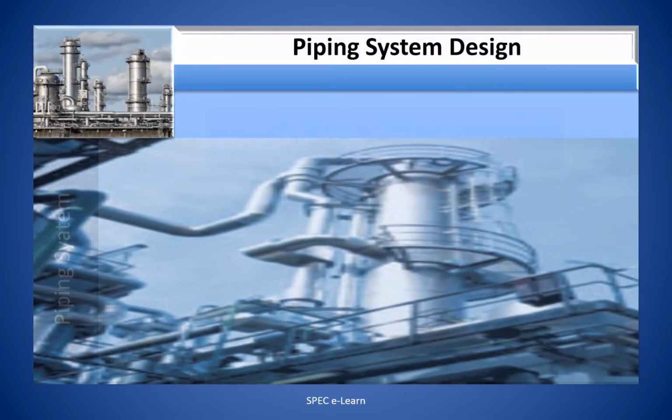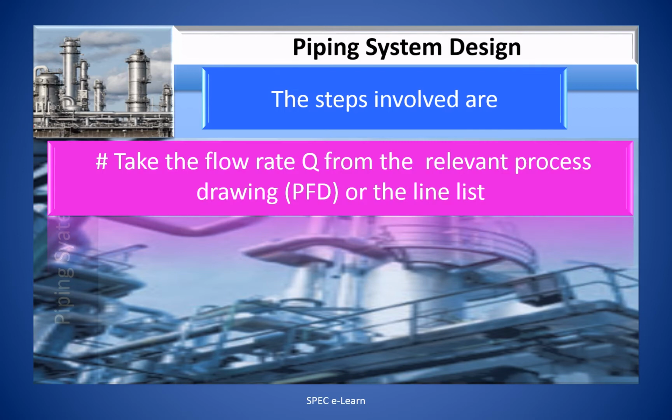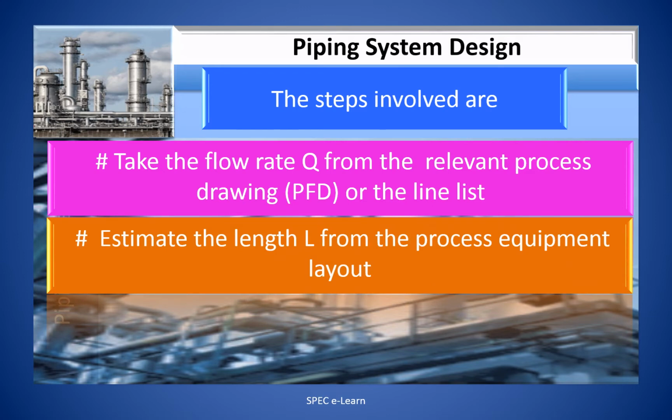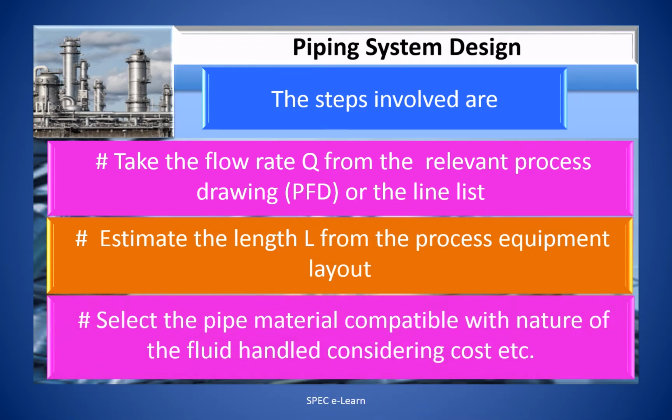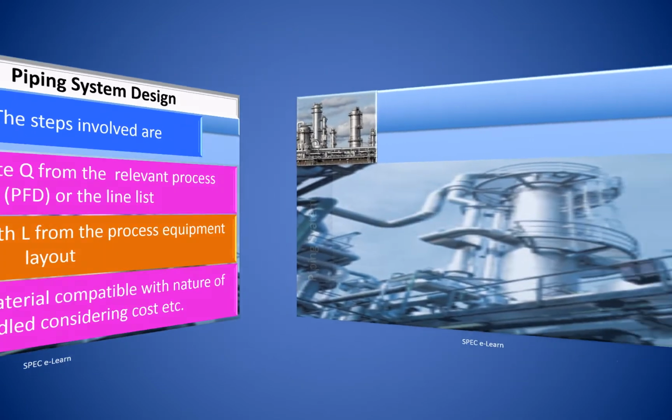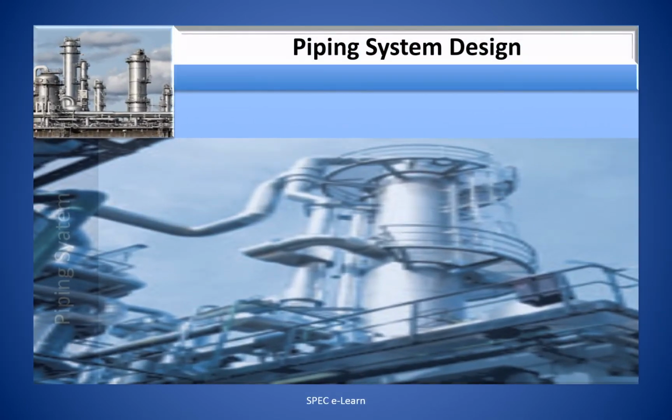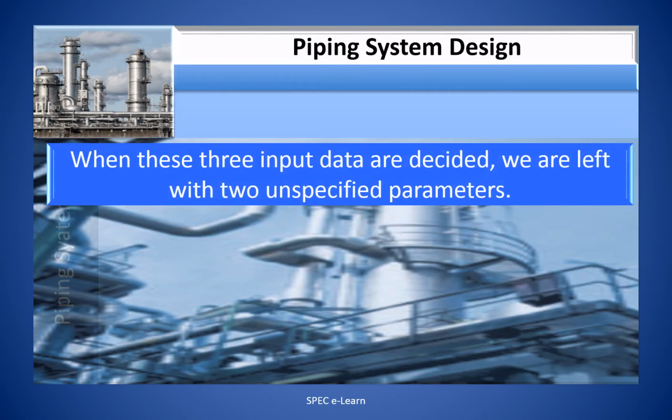The steps involved are: take the flow rate Q from the relevant process drawing PFD. Estimate the length L from the process equipment layout. Select the pipe material compatible with the nature of the fluid handled, considering the cost, etc. When these three input data are decided, we are left with two unspecified parameters.